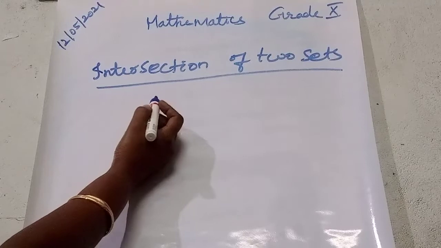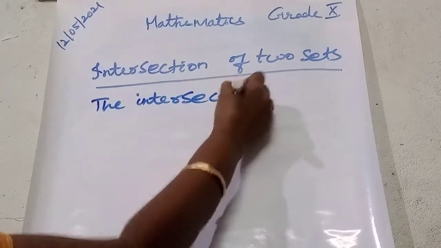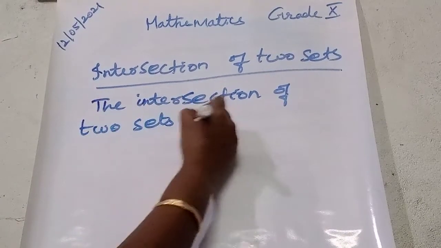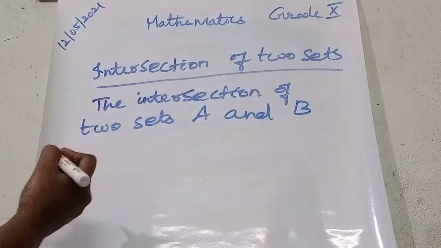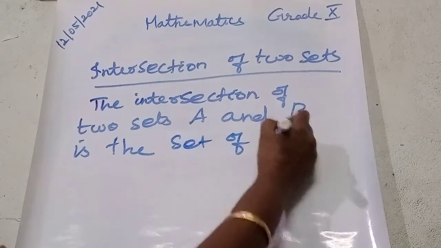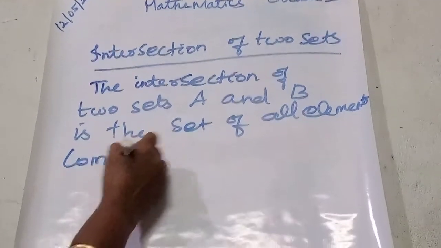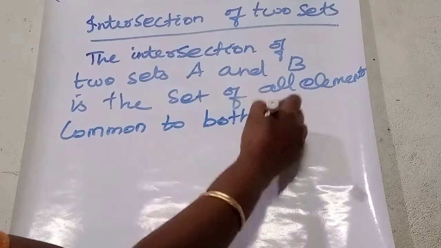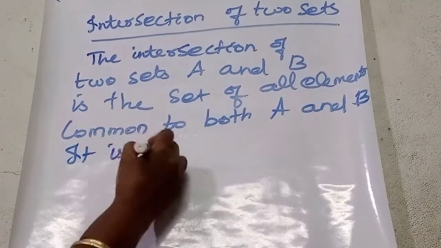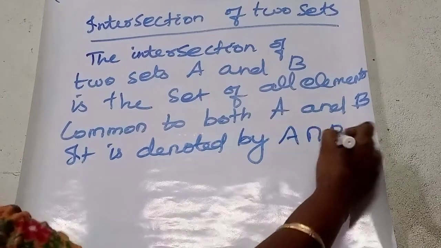Next, intersection of two sets. The intersection of two sets A and B is the set of all elements common to both A and B, and it is denoted by the symbol A intersection B. How to read this?